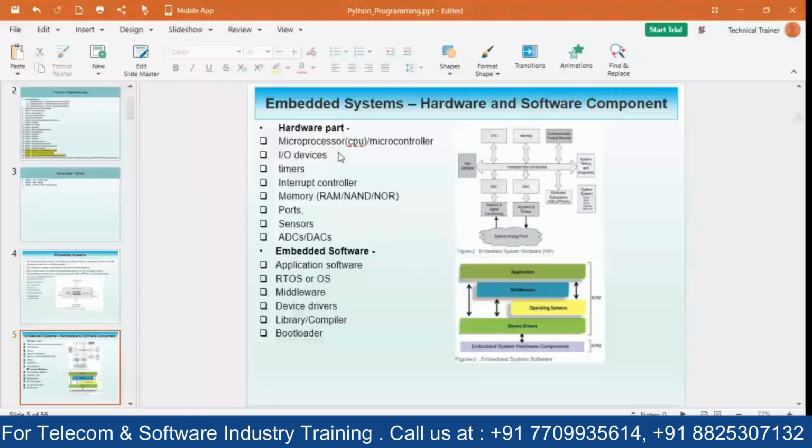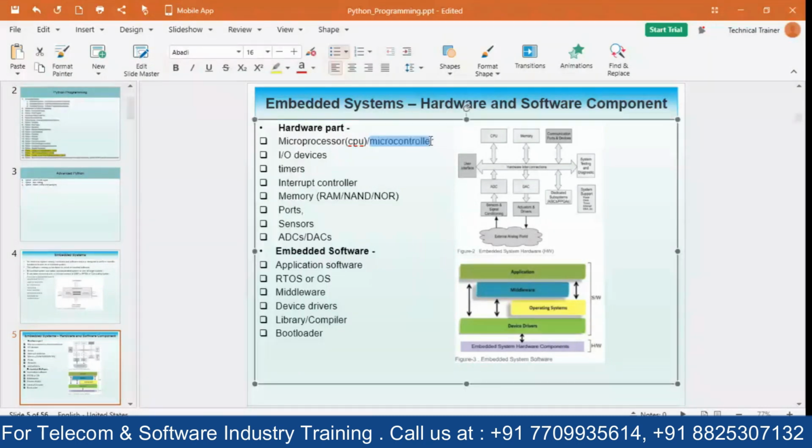It's only a CPU, but what is meant by a microcontroller? Basically it's a type of CPU, but it includes other hardware together, like RAM. For simplicity, we can ignore the microcontroller for now. A microcontroller consists of everything in a single chip.